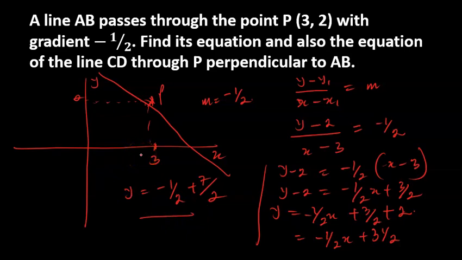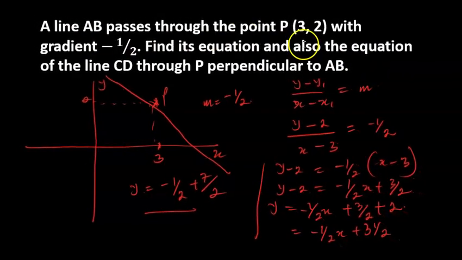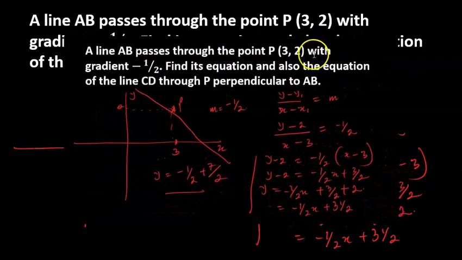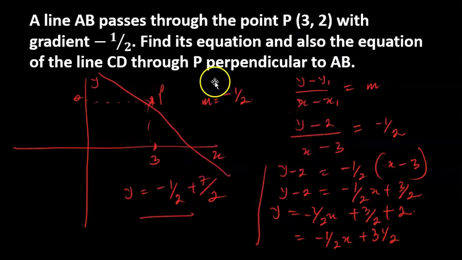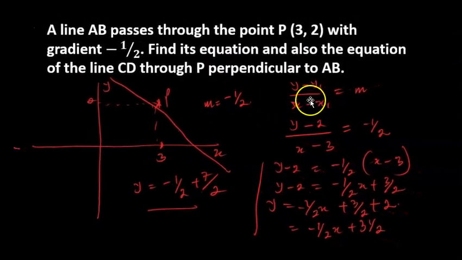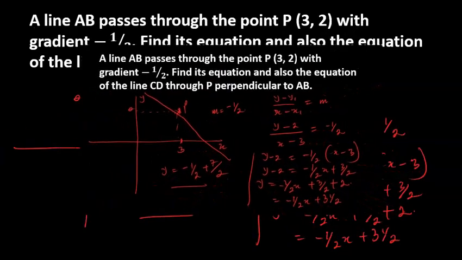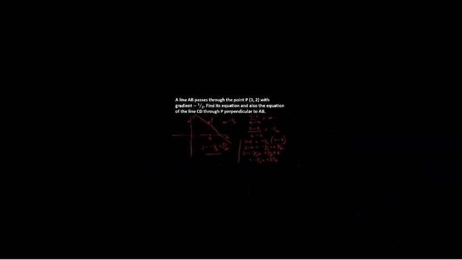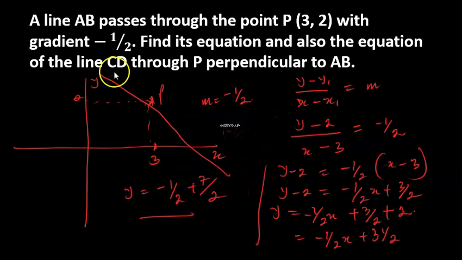The second part says, find the equation of the line CD through P perpendicular to AB. The line CD is also perpendicular to AP. Now that means the line CD should look this way. It passes through the same point P and it should be perpendicular.